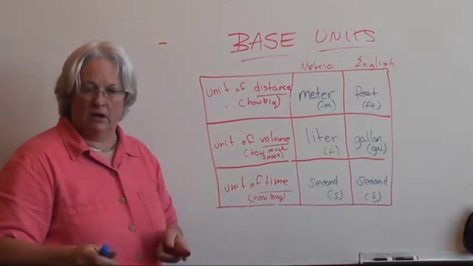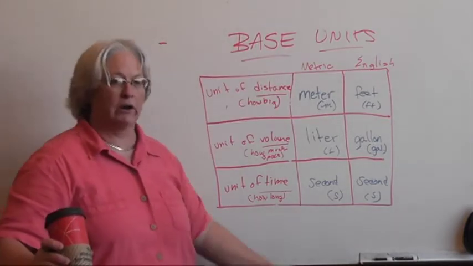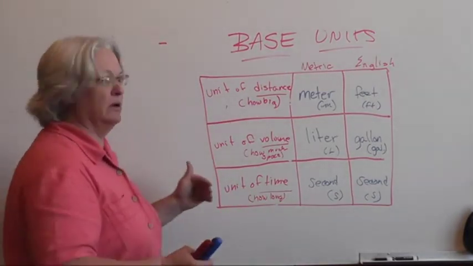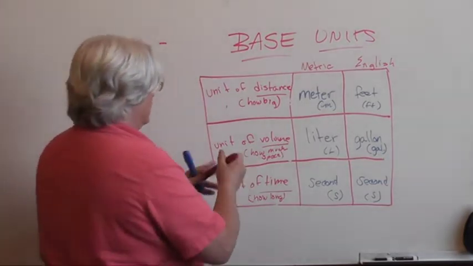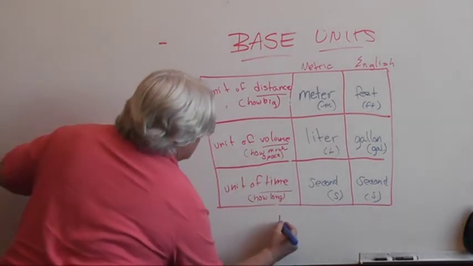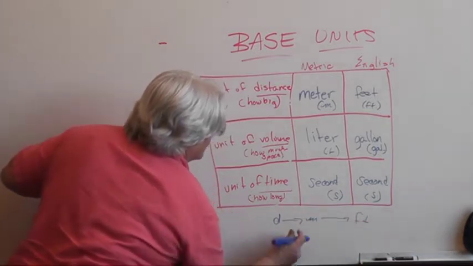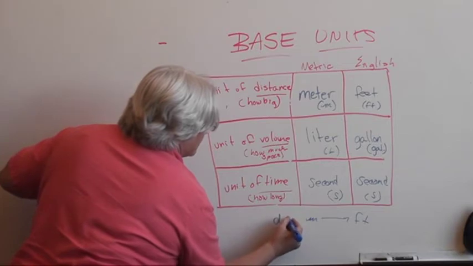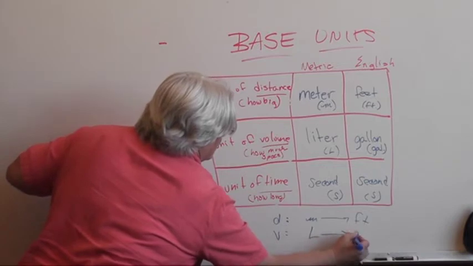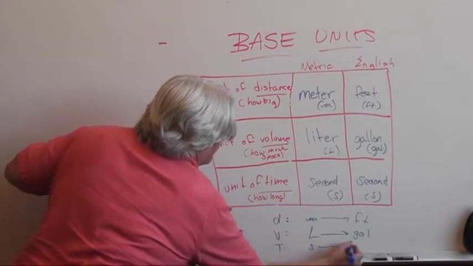If you will take the time as you're doing your exercises to write this chart out a couple of times, or maybe it doesn't work for you to have it in pictures, maybe you just want to say: distance, with a colon, meter, feet. Volume is liter and gallon. And time is second for both of them.